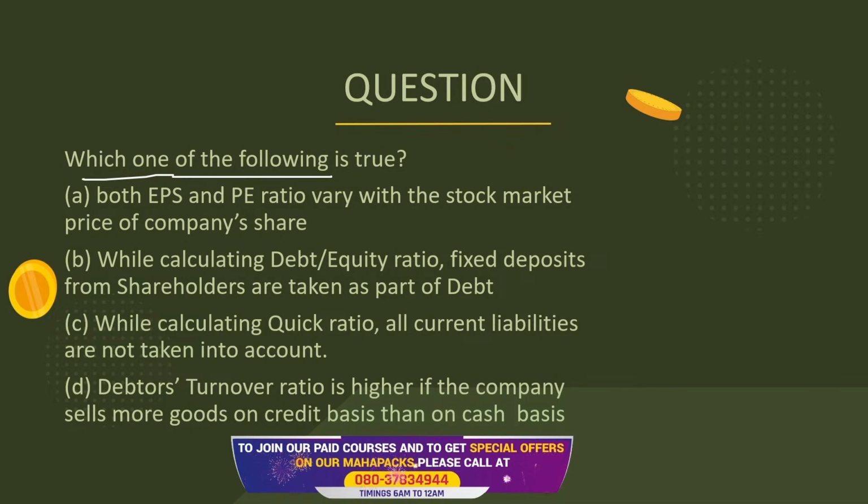It says: both EPS and price earnings ratio vary with the stock market. While calculating debt equity ratio, fixed deposits from shareholders are taken as a part of debt. While calculating quick ratio, all current liabilities are not taken into account. Debtor turnover ratio is higher if the company sells more goods on credit basis than on cash basis. What would be the answer?